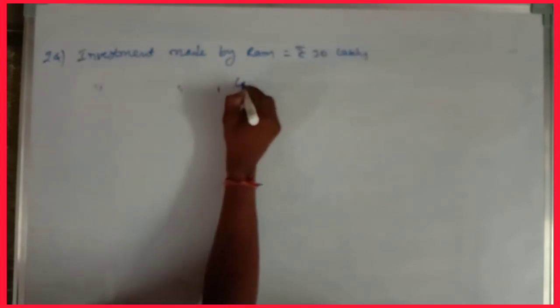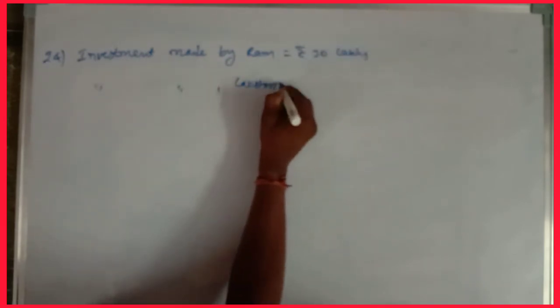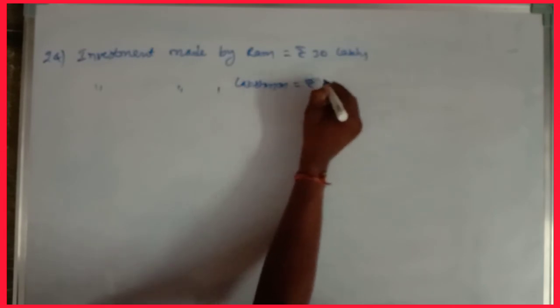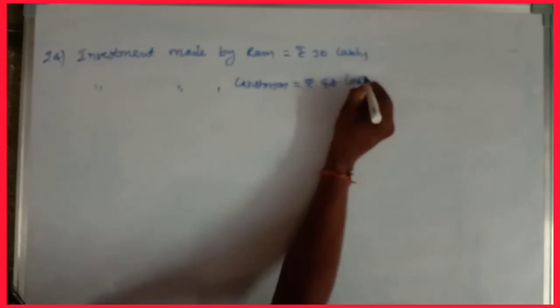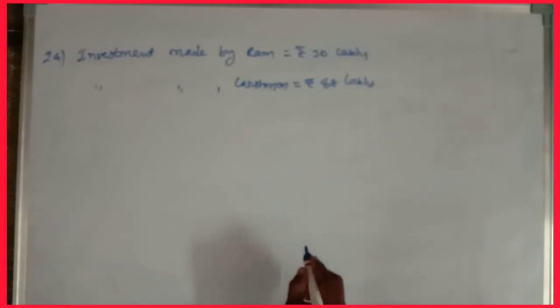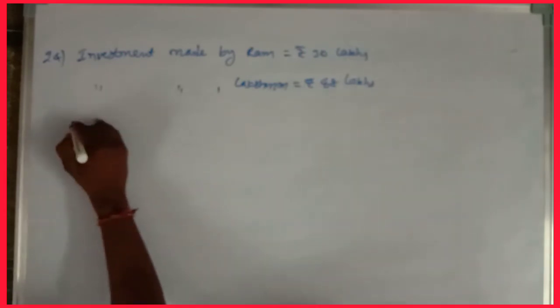Then the investment made by Lakshman is equal to rupees 48 lakhs. Now the ratio of their profits. So now I need to calculate the ratio.